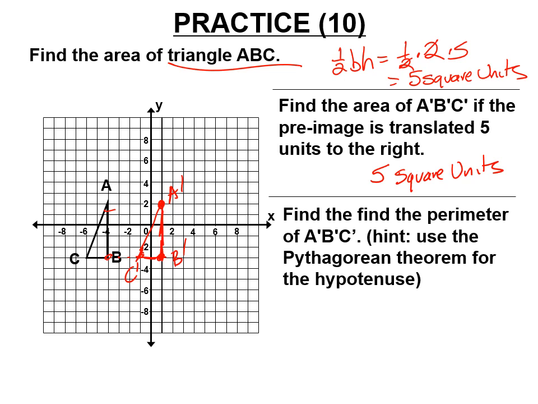All right. You want to pause this video for a second because you're not going to do this quickly. You need to find the perimeter of this. You're going to need the Pythagorean theorem for that hypotenuse.